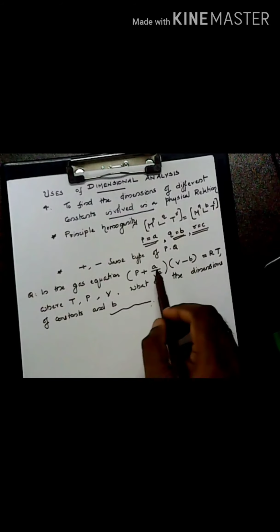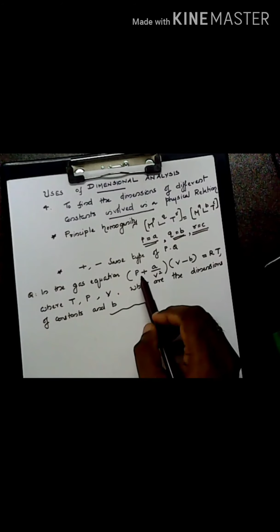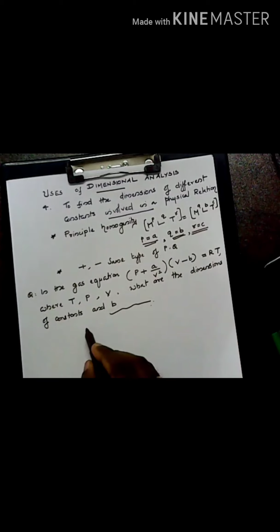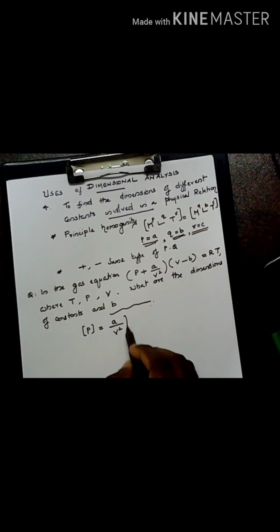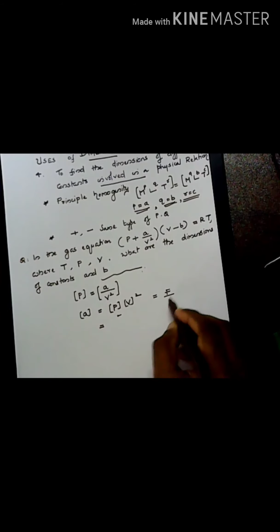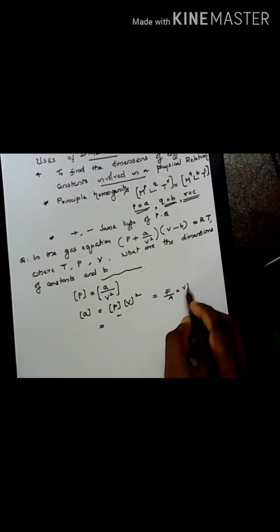But here the addition terms are there. That means here the P, the pressure, and A by V square are added together, in the sense we can say the dimension of P should equal to the dimension of A by V square. So from that we can easily find the dimension of A is equal to the dimension of pressure into the volume square. What is the dimension of pressure? We can easily use the concept as equal to the force by area into the volume square.